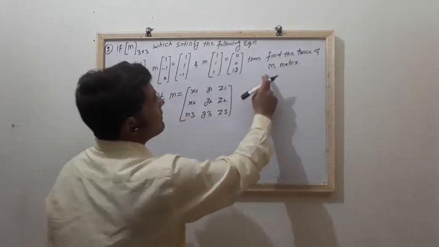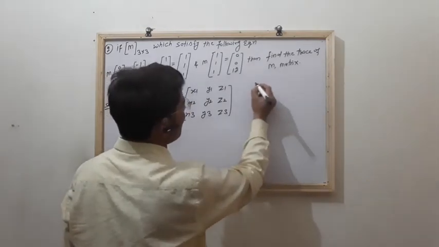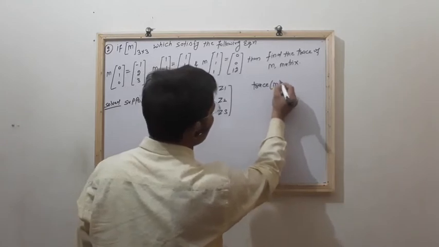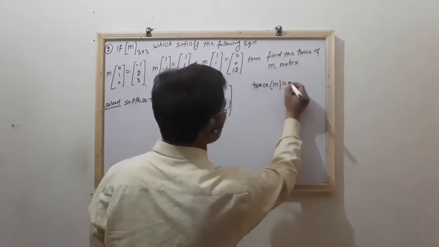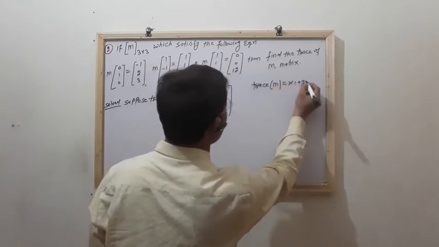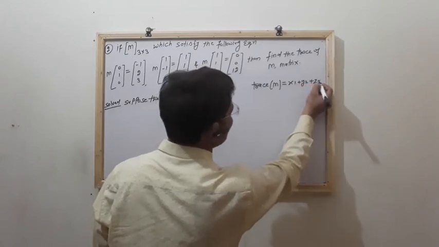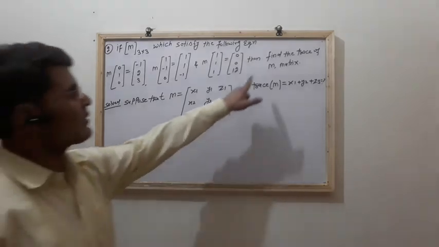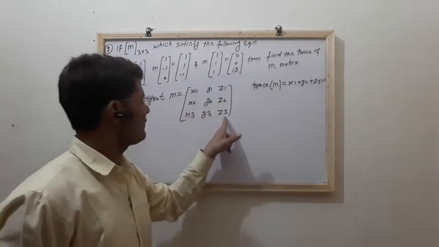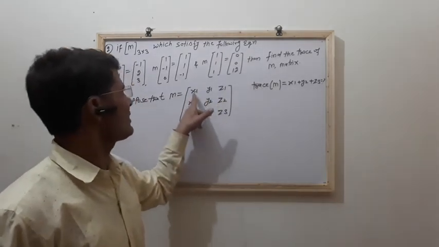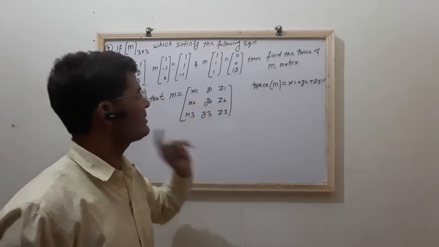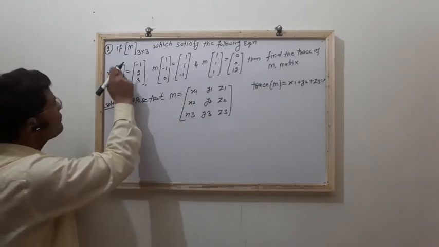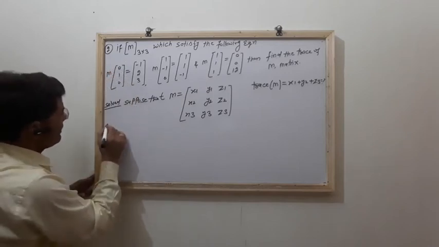Then we want to calculate the trace of M, which is equal to x1 plus y2 plus z3, equal to question mark. Okay, the question is what is the trace of this matrix, or what is the sum of x1 plus y2 plus z3.